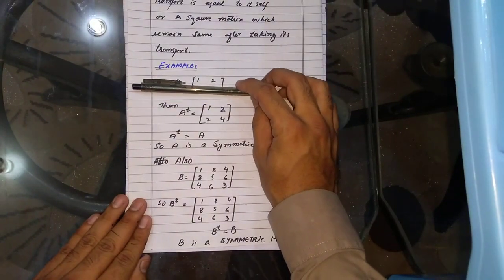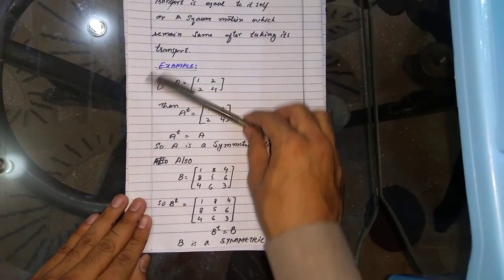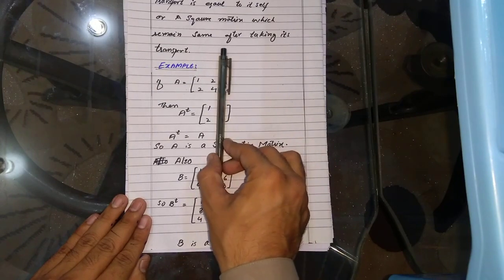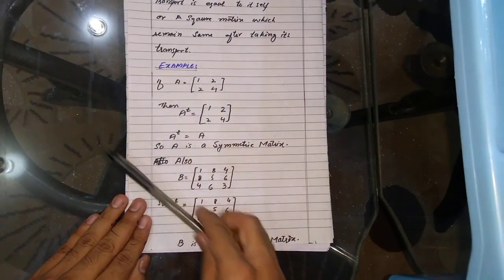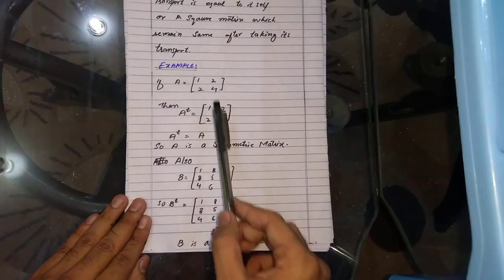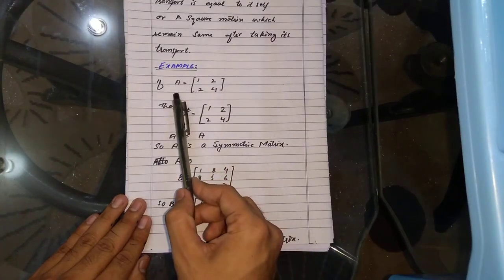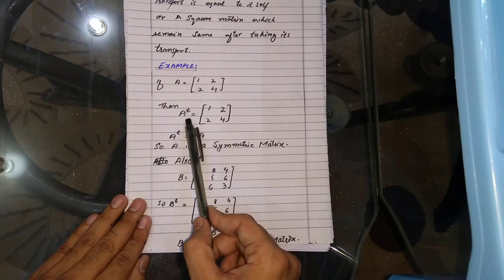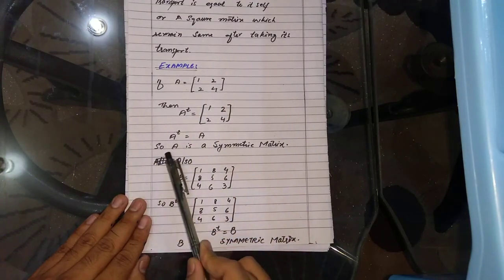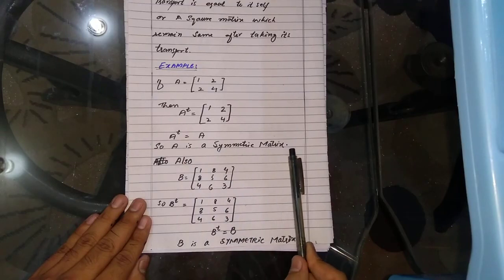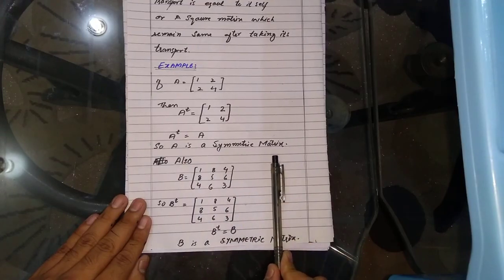Look here. First row into first column, second row into second column. So look here, there is no change in matrix A. After taking transpose, there is no change in matrix A. So you can say that matrix A is a symmetric matrix.